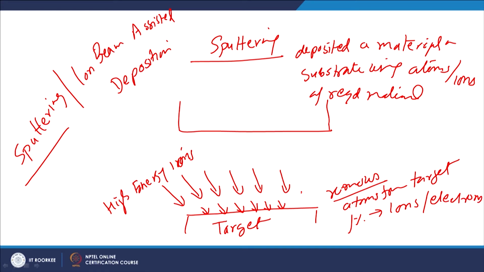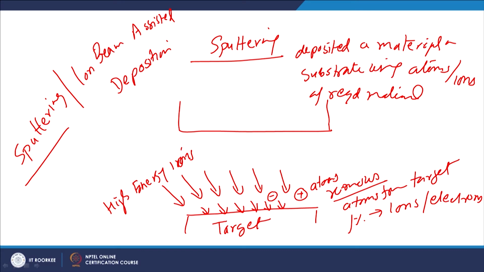The ions which are coming are positively charged and electrons are negatively charged. At the same time the atoms will also be coming out from the target surface.